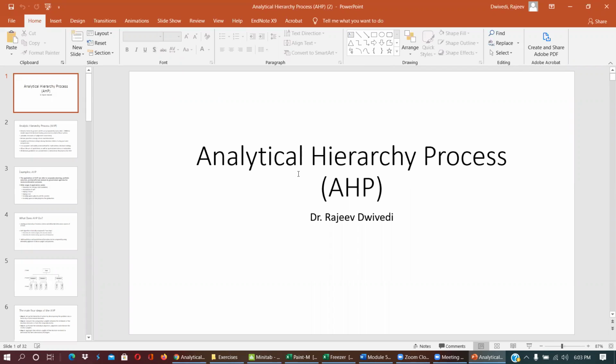Suppose a very simple question: you want to buy a car. You want to look for reliability, aesthetics, price, mileage. But one car is giving a good price but not reliability.